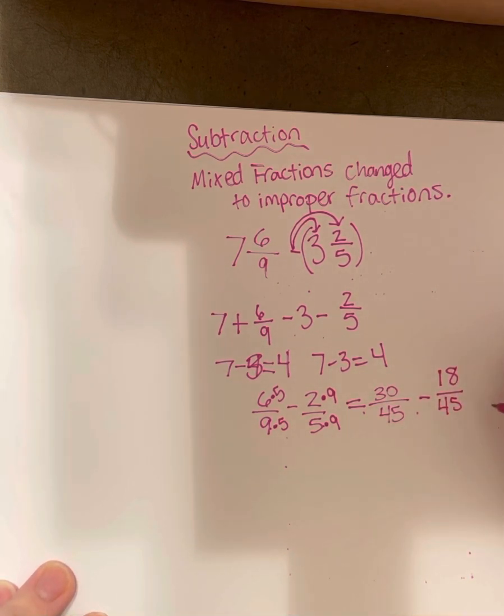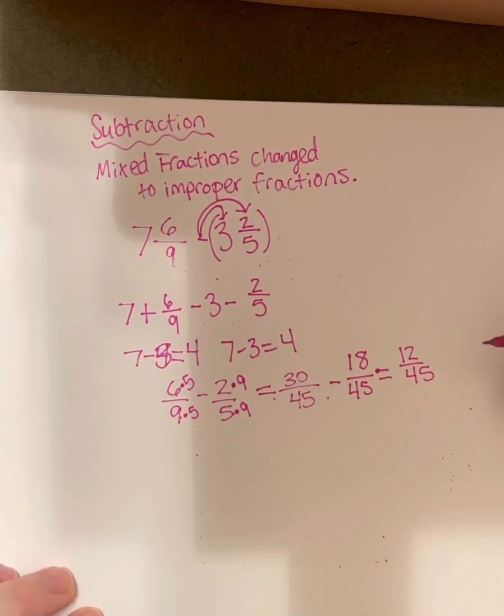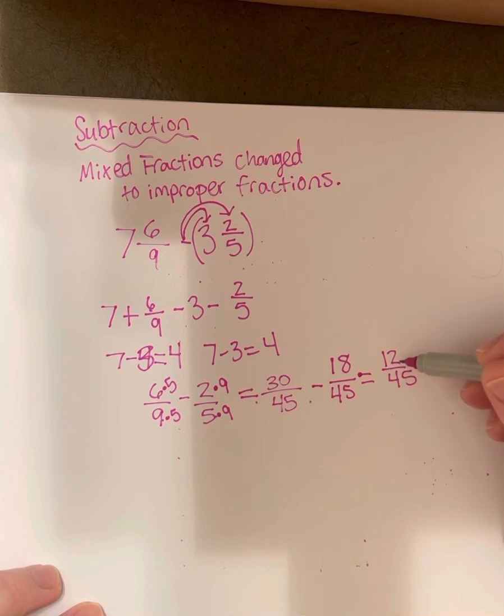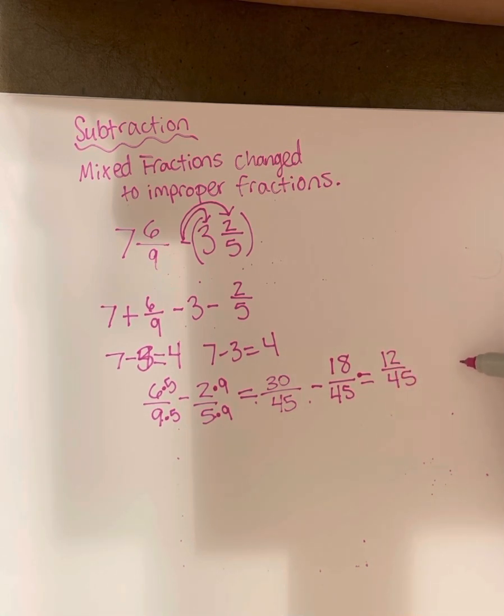So then our answer would be 12 over 45. Okay, so then we know that this is not complete, because you can still divide the numerator and the denominator by the same number so that we can simplify this.